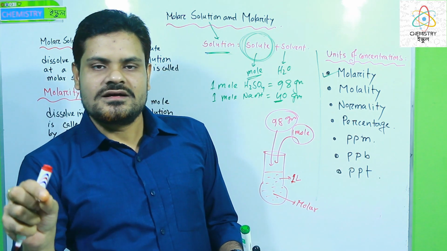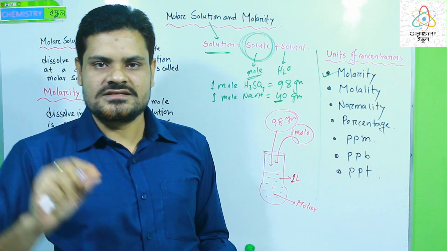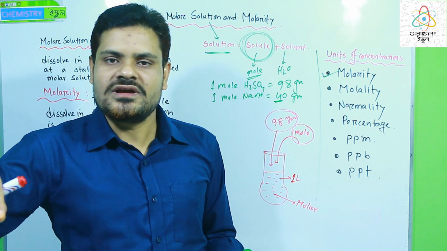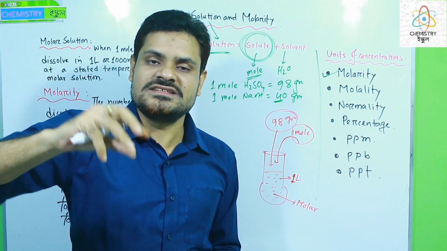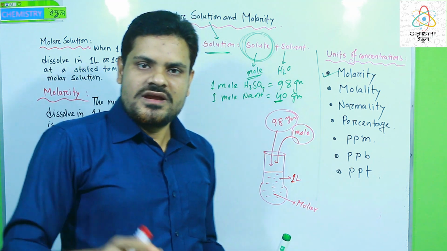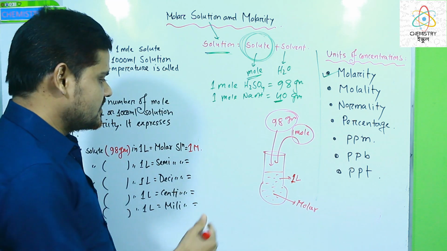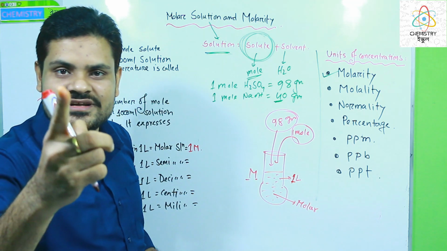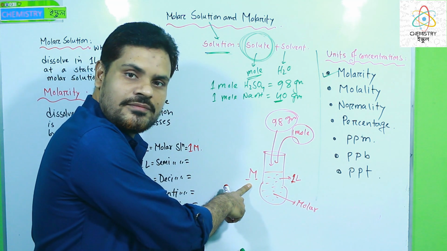On the rice bags, 25 kg rice is written there. Or on other bags, 25 kg urea is written there, and from these we easily understand that this is urea and this is rice. And here also, to understand this is a molar solution, we write M on the label of the container. M means molarity. We express the concentration of the molar solution by M, meaning molarity.